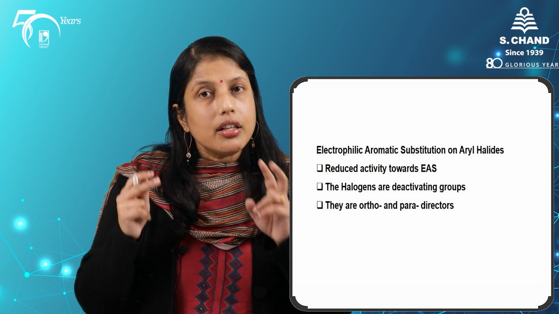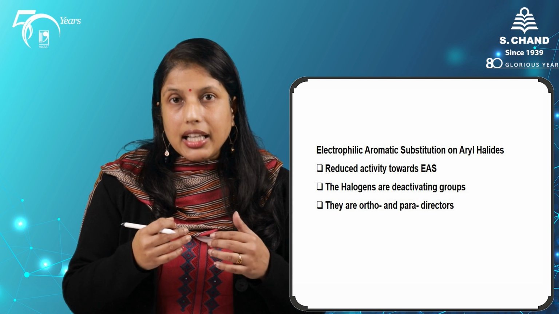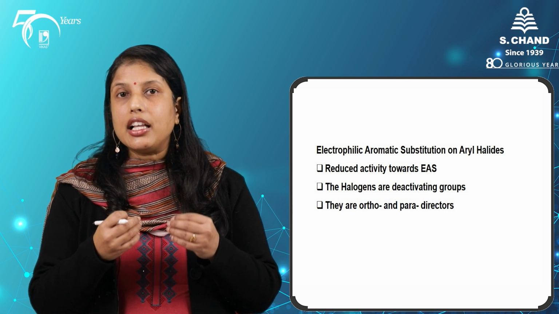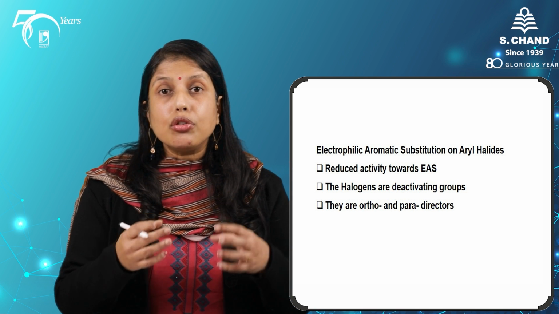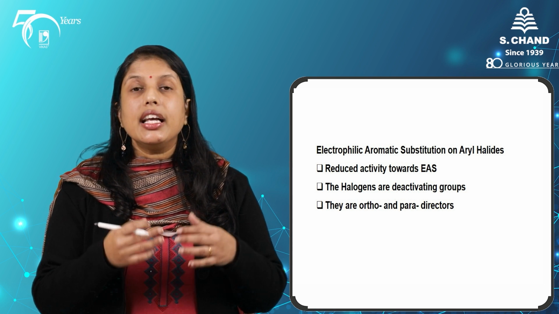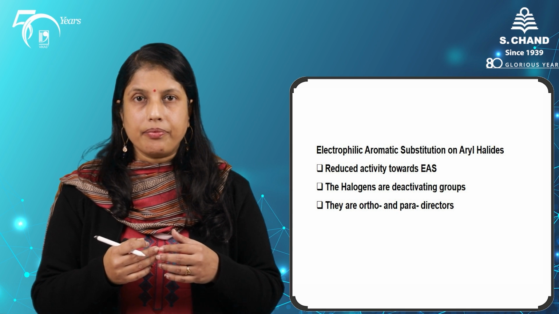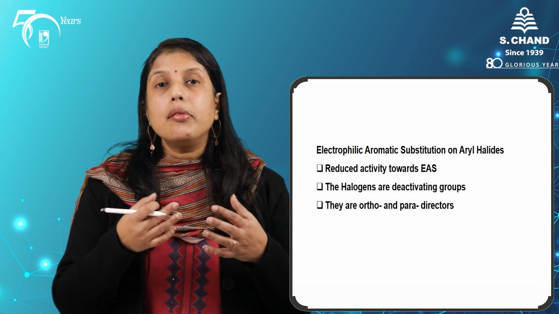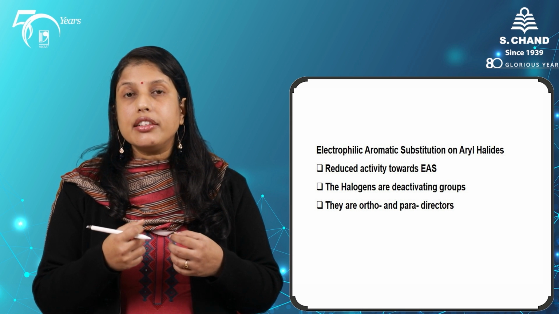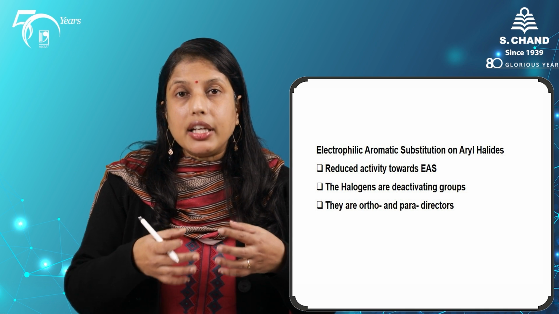But here, there are two things that we need to remember. Our aryl halides, which contain the halogen atom bonded to the aromatic ring, will show reduced reactivity in terms of electrophilic aromatic substitution. Why? Yes, because the halogen, by virtue of its inductive nature, pulls the electrons in the benzene ring away towards itself.